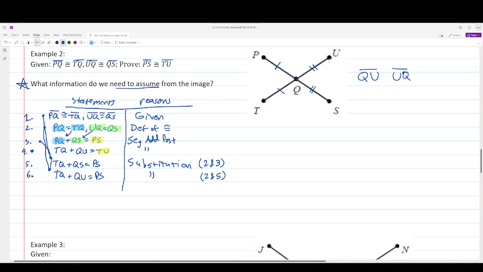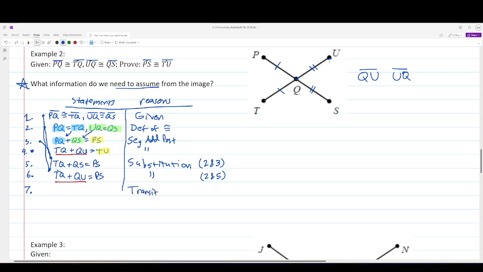Okay, so then step 7, we're going to take this other segment addition that we came up with in step 4, and the one that we just wrote. So let's look now. We have TQ plus QU equals PS, TQ plus QU equals TU. Since the left sides match exactly, we can now chain them together using the transitive property of equality.